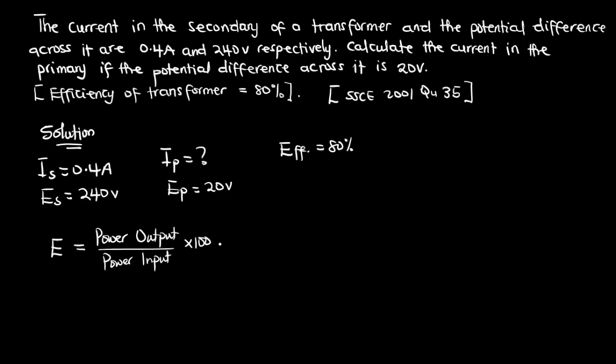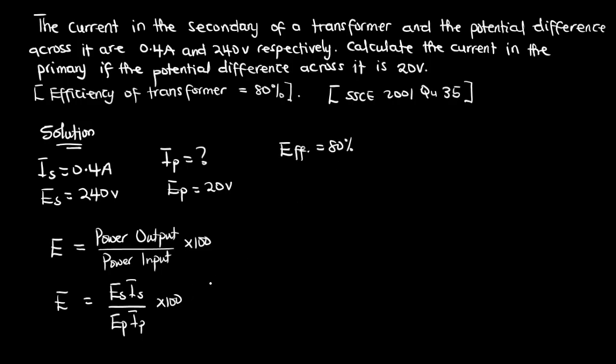So basically it means that our efficiency is equal to the power output, which is ES IS, over the power input, which is EP IP, multiplied by 100. Are we okay? Now this is the formula that we're going to use to solve our problem.